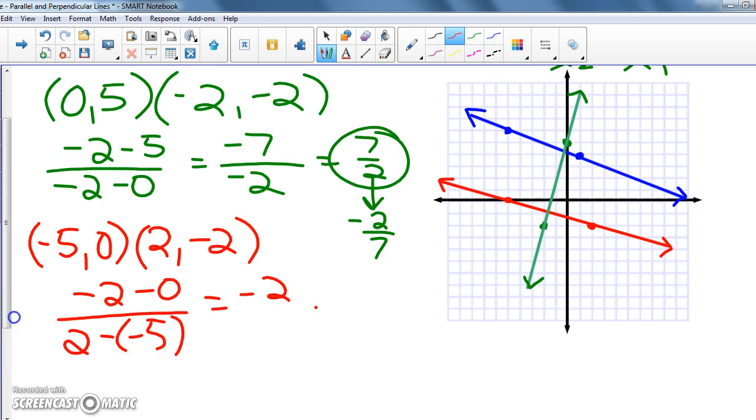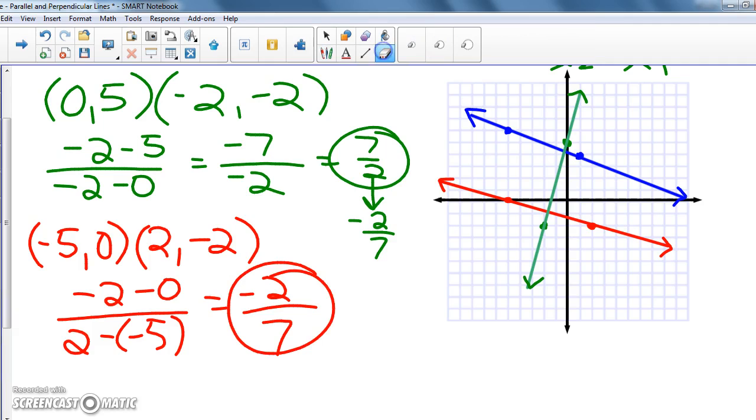That gives me -2 over 7, perfect. That's what I'm looking for. So I'm done. Okay? So the green one is 7/2. The red one is -2/7. Those two are perpendicular because it's a negative reciprocal. Okay, so that's your answer.